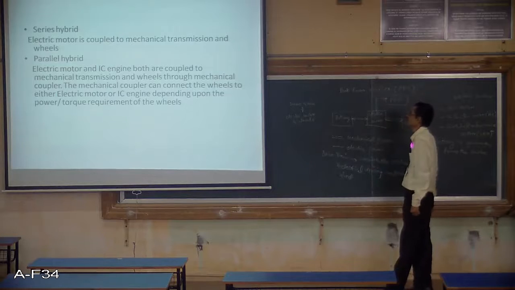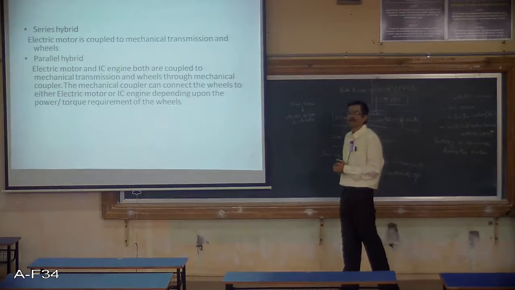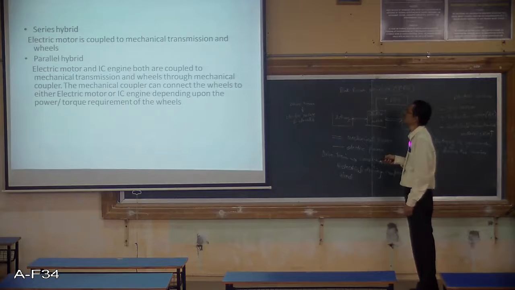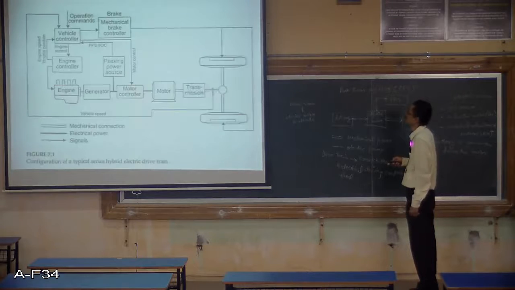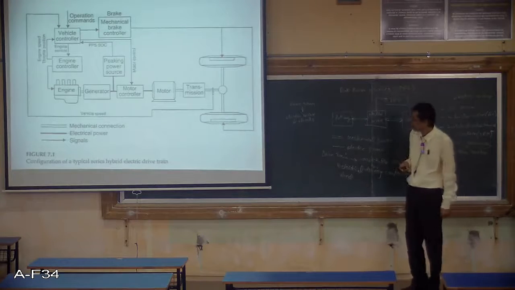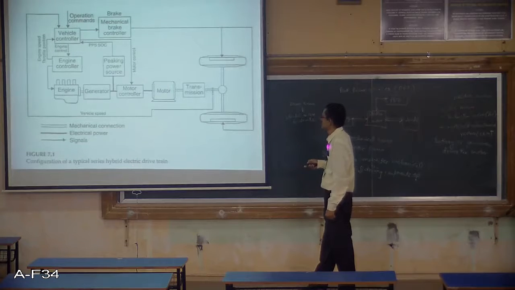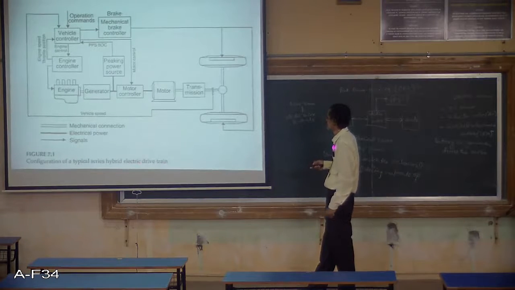The mechanical coupler can connect the wheels to either the electric motor or the IC engine depending upon the power or torque requirement of the wheels. So this I have already told you. Now this is a typical configuration of a series hybrid electric drivetrain.